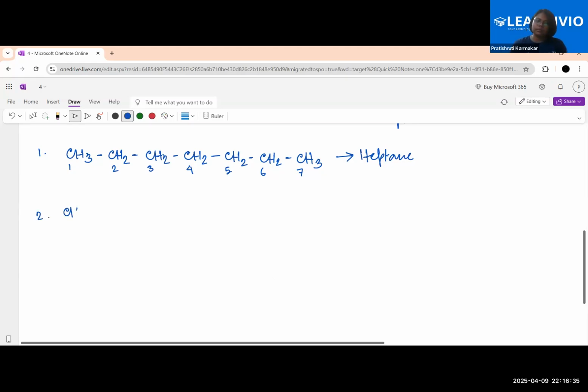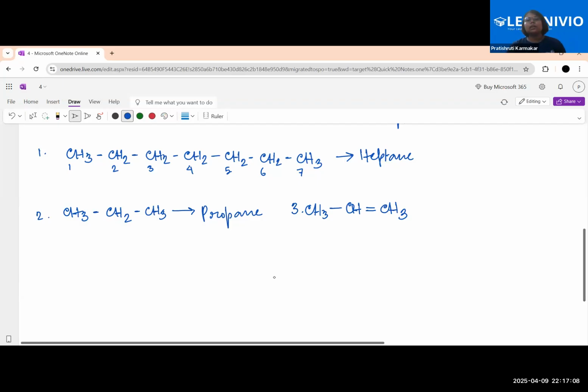Then what will we call this? Propane. First tell me, is this structure correct?